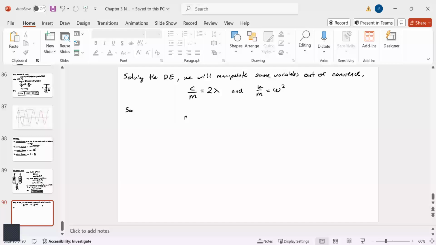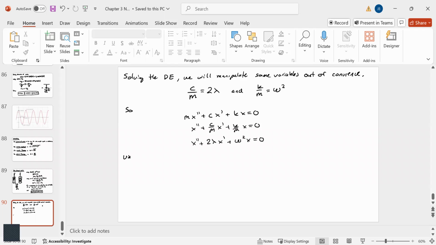So m x double dot plus c x prime plus kx equal to 0 becomes x double dot plus c over m x dot plus k over m x equals 0, which then means x double dot plus 2 lambda x prime plus omega squared x equals 0. Again, why are we doing this? It's just because the quadratic equation looks nicer.